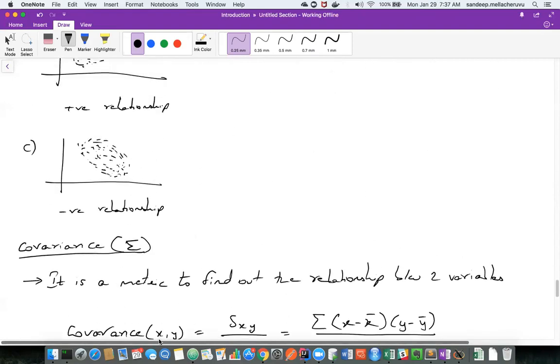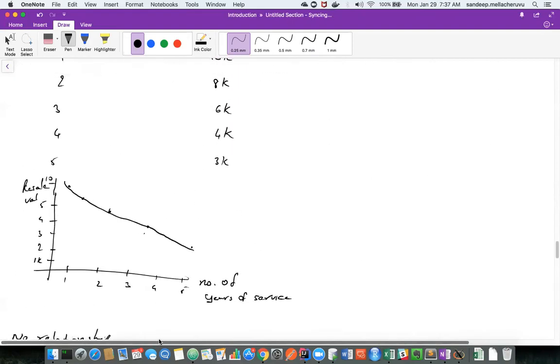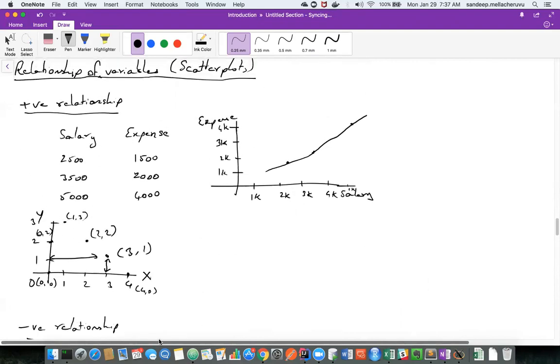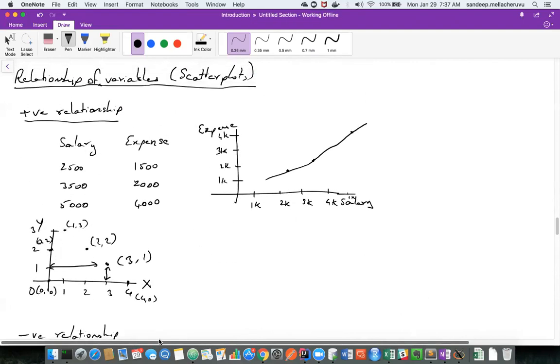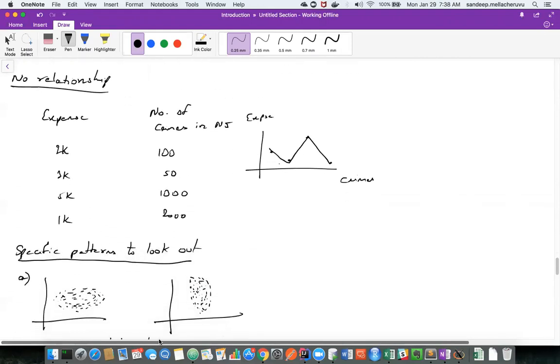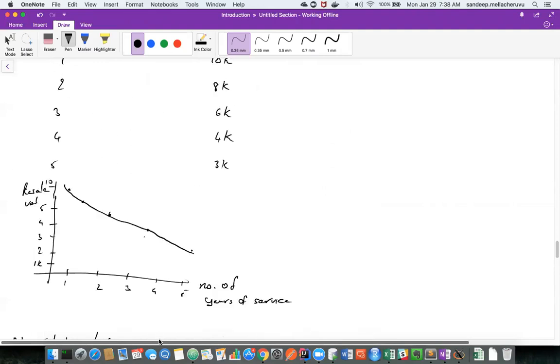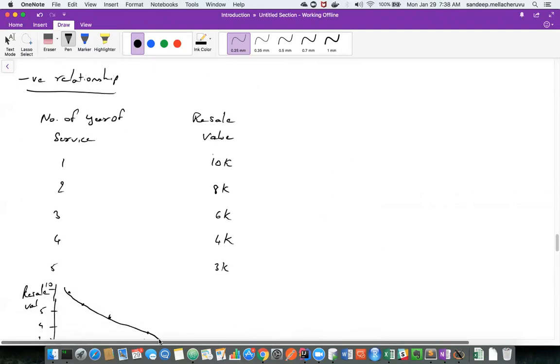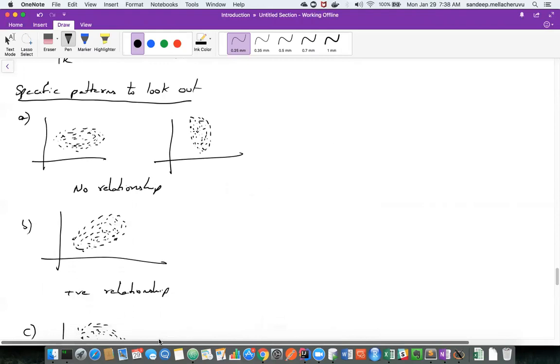Like I said, we started with representing the relationship between two variables. The scatter plot looks good, but it is not giving you a measure of how much is a positive relationship or how much is a negative relationship. Similarly, we have a negative relationship, same case, and no relationship also.